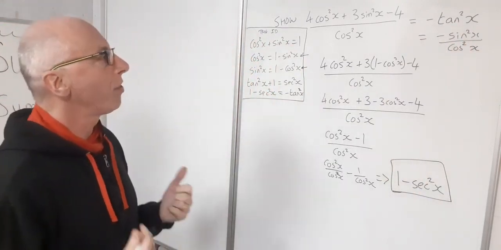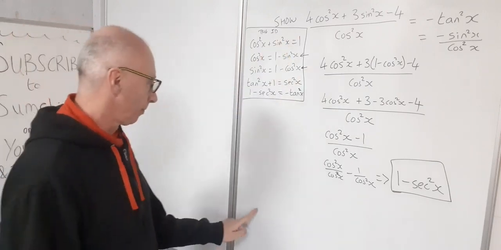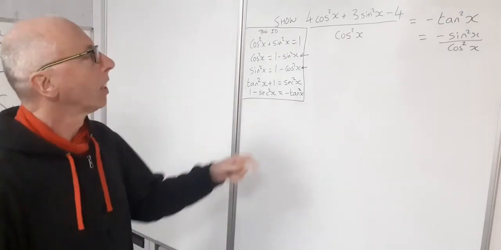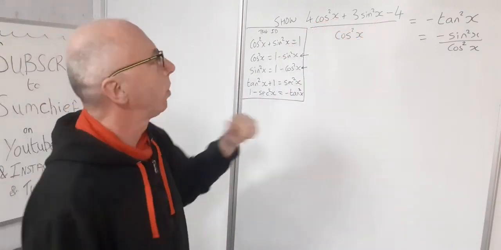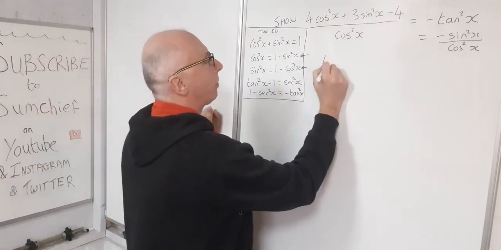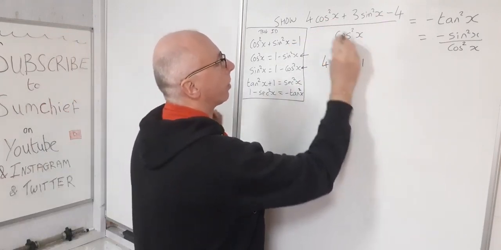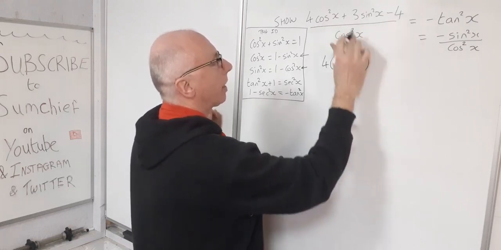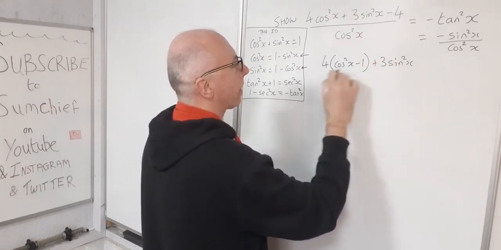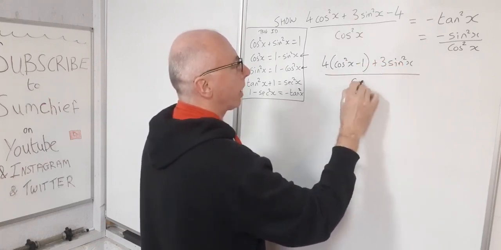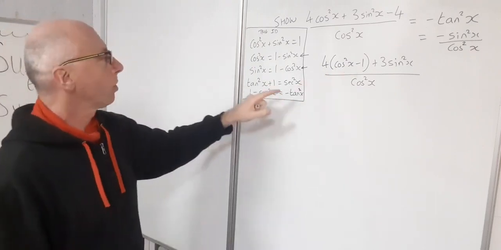So let's try a third way where we just factor out our numerator. Okay, so I've got 4 cosine squared x and I've got a minus 4. So let's write that as 4 times cosine squared x minus 1. So that would take care of that. And I still need to add 3 sine squared x. And all divided by cosine squared x. Okay, so I've got cosine squared x minus 1.